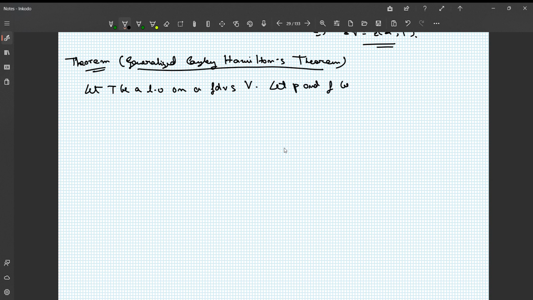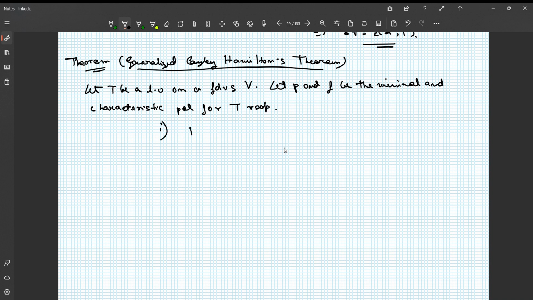Let P and F be the minimal and characteristic polynomial for T respectively.